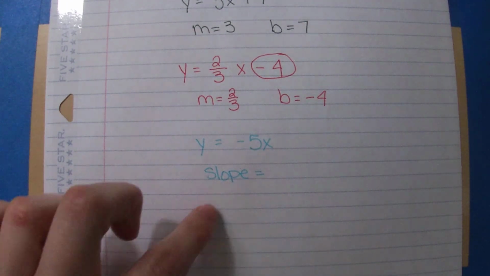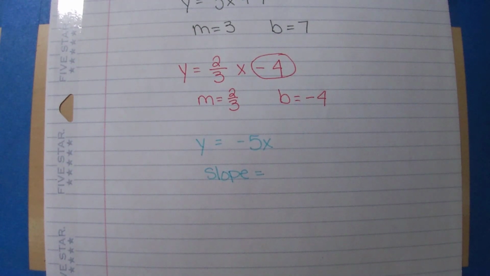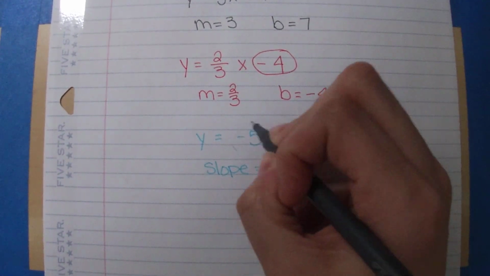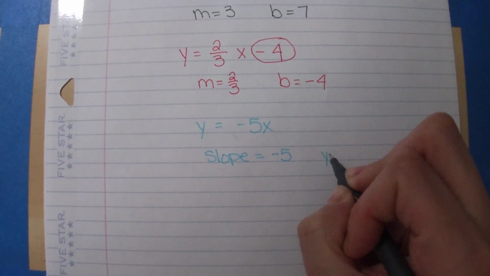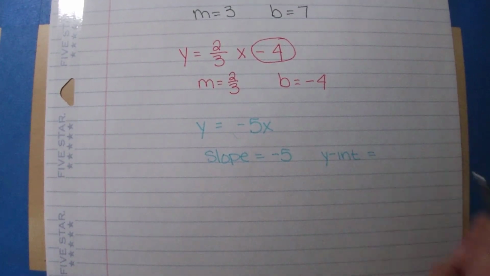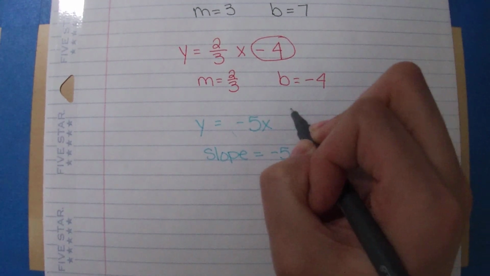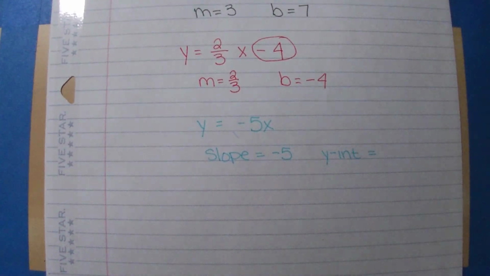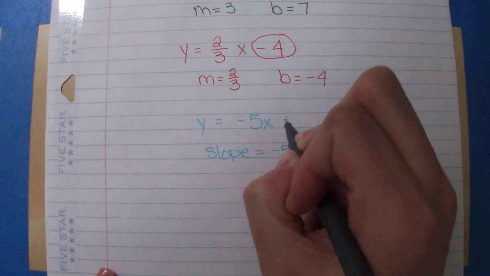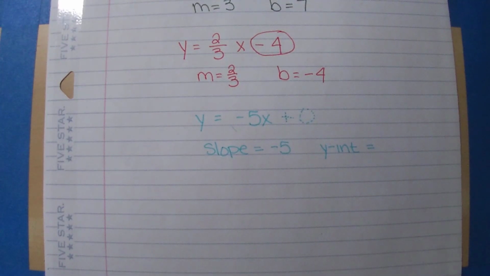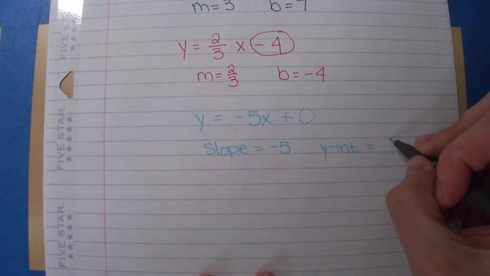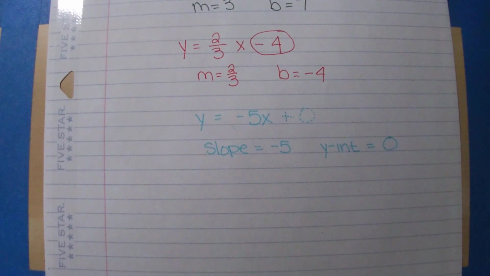So just because I'm writing slope instead of m doesn't mean I'm asking anything different, just a different way of asking it. Okay, so my number in front of the x is a -5. Okay, and my y-intercept, or my b value, is what's going to be added on. And I don't see anything being added on. So when I see nothing being added on, right, it's really nothing, and we represent nothing in the math world with a 0. So my y-intercept in this case will be 0.